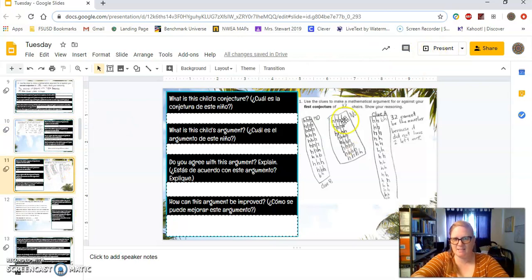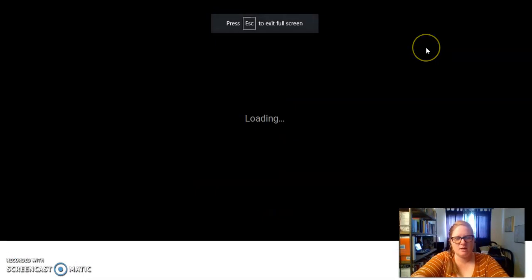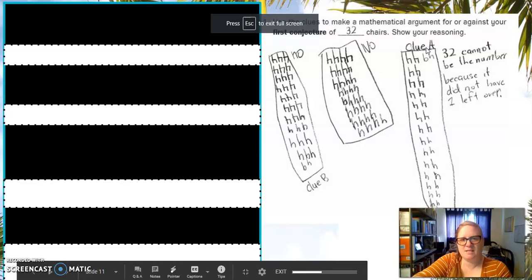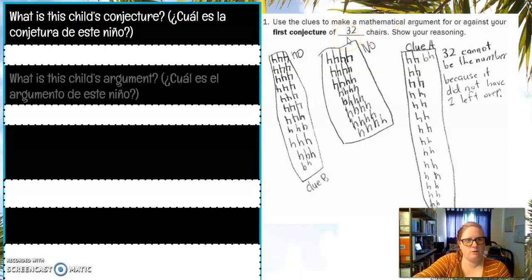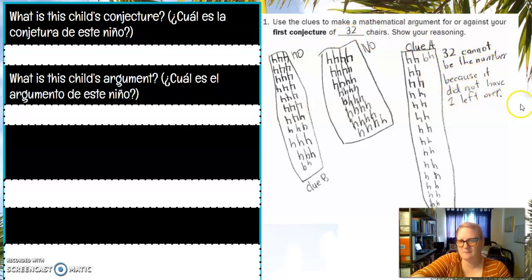This student has a lot of beautiful drawings, so that way we can see a lot. So let's see. What is this child's conjecture? It's 32. What is this child's argument? 32 cannot be the number because it did not have one left over.